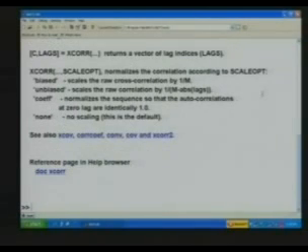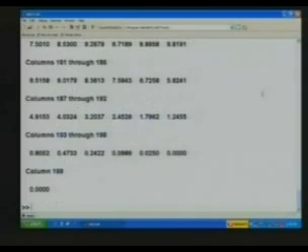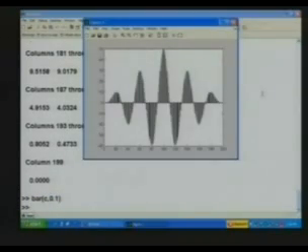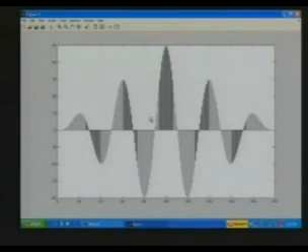So if C is the cross correlation, C is equal to xcorr of S with itself. This is the autocorrelation function, as you can see, and it is giving maximum here.